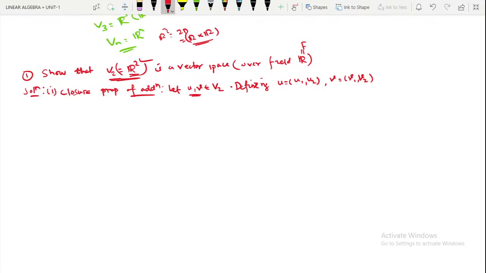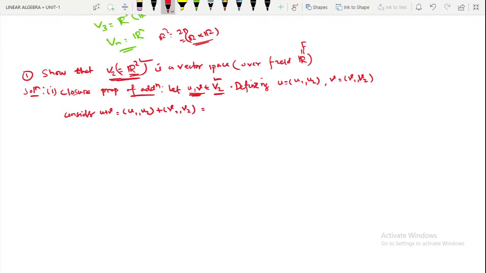Now what is my aim? If you take any two elements u, v belonging to that non-empty set, then their sum must lie in that set. So if I consider u plus v, this will be (u1, u2) plus (v1, v2).